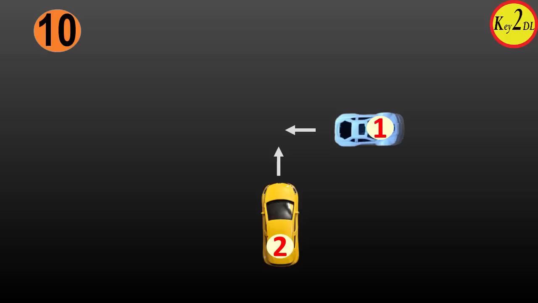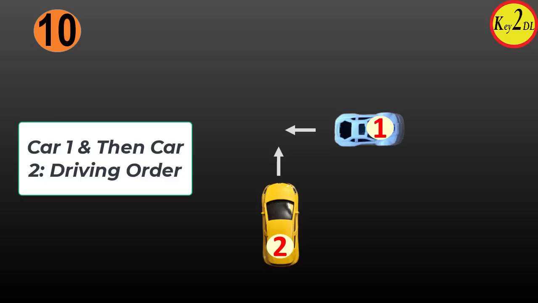For example, you have gone to see a fest or something, where there is an open field and there are many parking spots. In this type of situation, which car should go first? Here also the right hand rule applies, and according to the right hand rule in situation number 10, car 1 should go first, then car 2. So the final driving order is car 1 and then car 2.